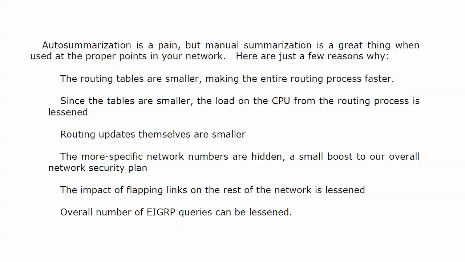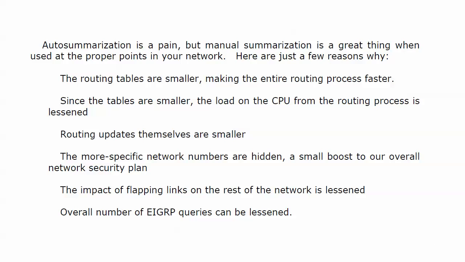This is the thing. You want to be the one deciding where the summarization takes place in your network, not the routing protocol. We're not going to leave it to automatics and defaults and that kind of stuff. You and I, the network admins, are going to decide deterministically, like that word, deterministically, instead of just letting it happen automatically.